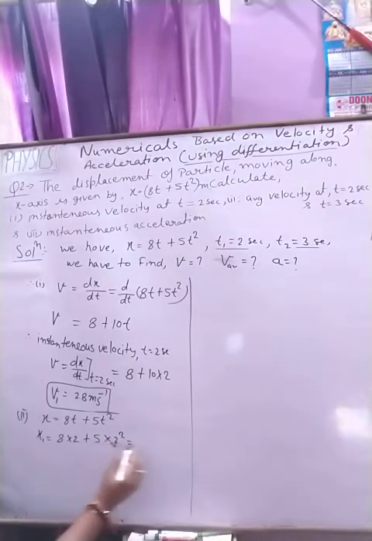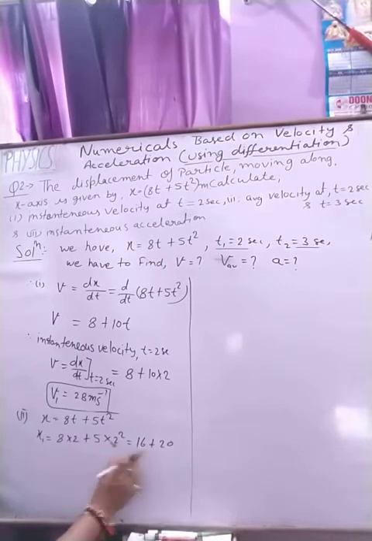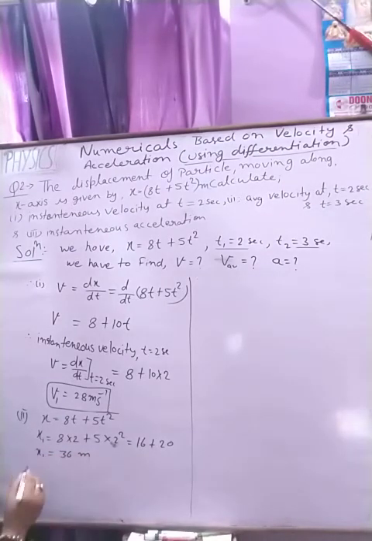We solve it, we get 16 plus 20, which is x1 is equal to 36 meter.